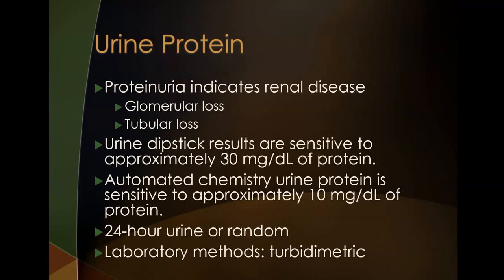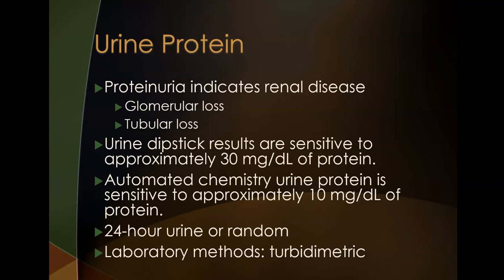All right, urine protein. Proteinuria indicates renal disease. So we measure urine protein quite often. Again, it can be due to glomerular loss or tubular loss. And glomerular loss can be from damage or from overproduction of those Bence Jones proteins and stuff. The urine dipstick results are sensitive to approximately 30 milligrams per dL of protein.